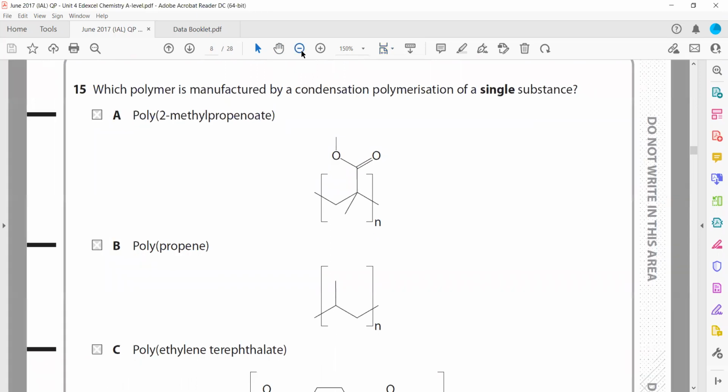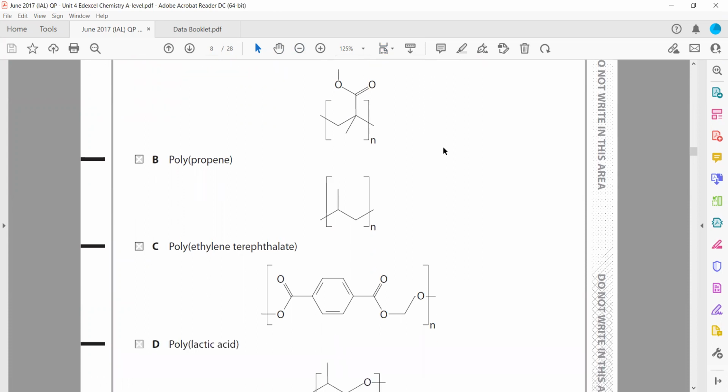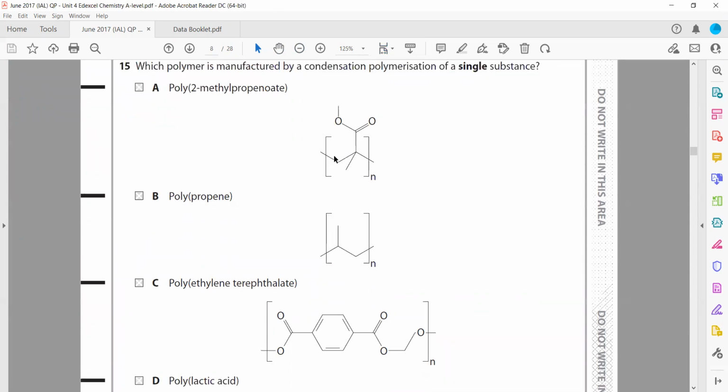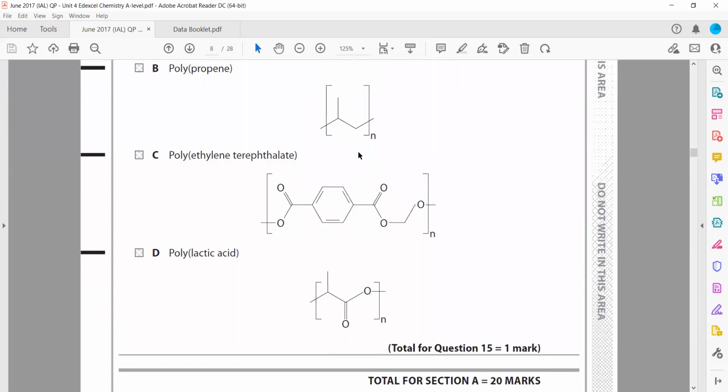Which polymer is manufactured by condensation polymerization of a single substance? Basically this one is addition polymerization, because in condensation polymerization there should be H and OH.